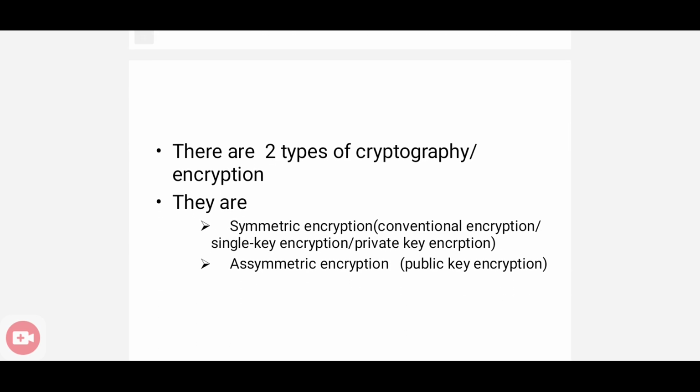There are two types of cryptography or encryption: symmetric encryption as well as asymmetric encryption.